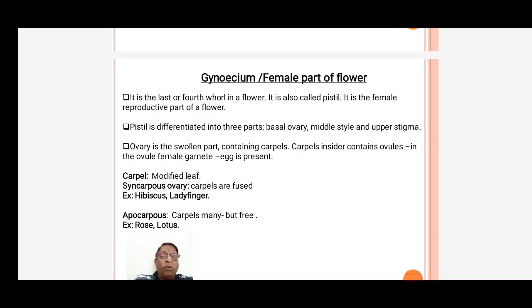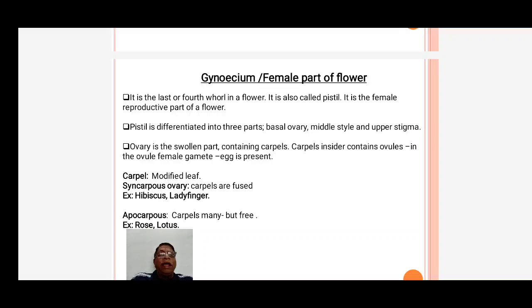It is also called pistil. The male reproductive part we call stamen and the female reproductive part of flower is called pistil or gynoecium.